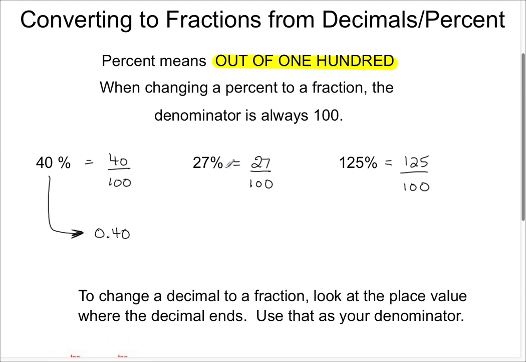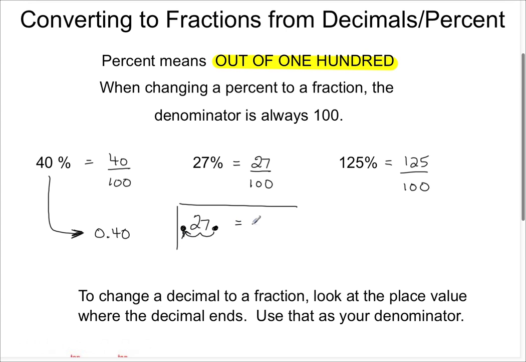So another way to think about it is take a look at where the decimal point is now on 27. That's 27. Since there is no decimal point, that means the decimal point is right there. And to change it into a decimal, going from a percent to a decimal, we move the decimal place back 2 places so that now it is there.